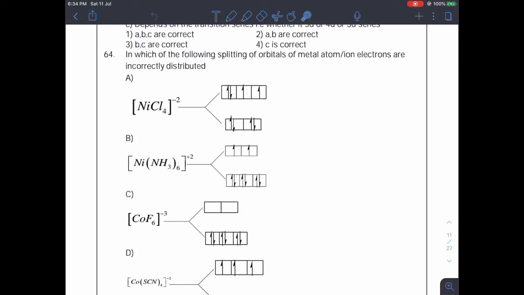Now in which of the following splittings of the orbitals of a metal atom or ion are electrons incorrectly distributed? So this is tetrahedral, as you know. So in tetrahedral the e set will be lower and t2 will be higher. Now how many electrons do we have? In total we have 8 because it is a d8 configuration.